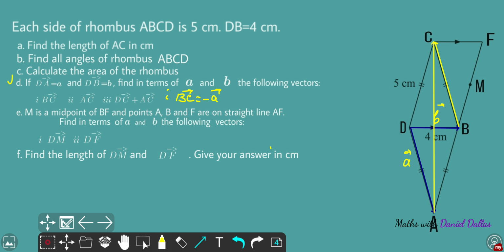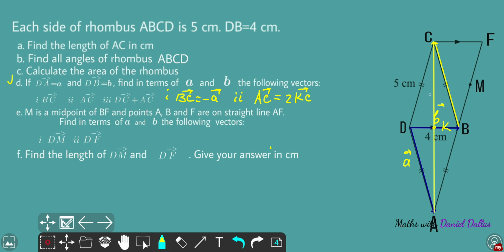AC is 2KC, right? So if you put this point here, we can mark it as K. So let it be point K. So this point K, and AC is simply double KC.